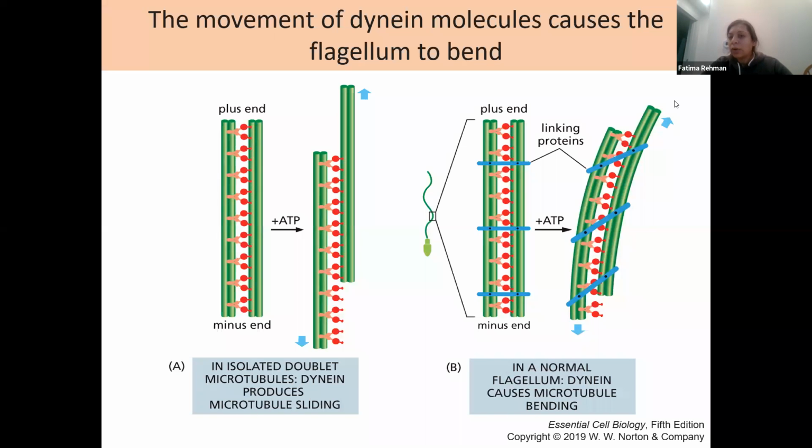And that's how the linking proteins are able to bend. They are flexible, kind of like a hinge, so they can bend along with this movement, and without disrupting those doublets, they can still cause the cell to move along that structure.